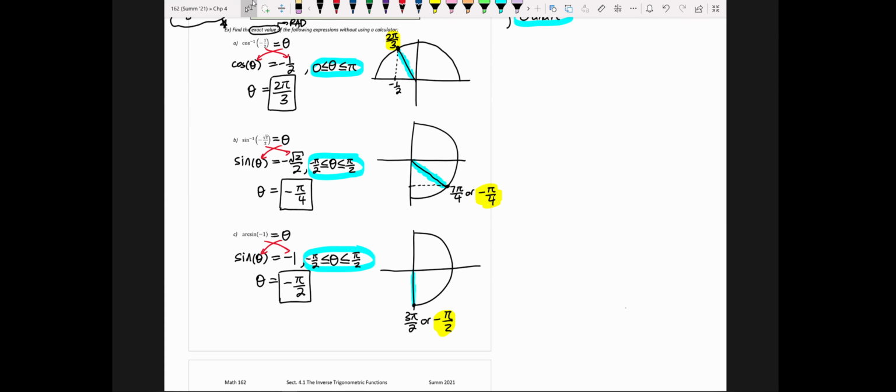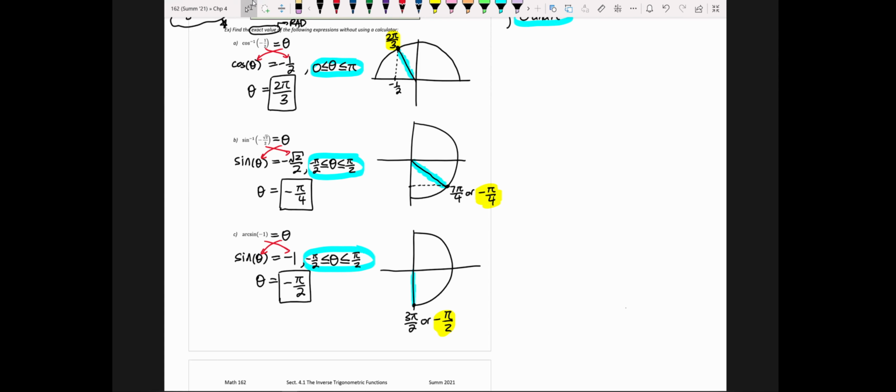Remember, it needs to satisfy the equation and the restriction. I like to draw out a half circle to help me visualize. We know that root 2 over 2 is a special angle on the unit circle. The x and y coordinates are root 2 over 2 here at pi over 4. So pi over 4 is in the restriction and satisfies the equation. Inverse sine of root 2 over 2 is going to be pi over 4.